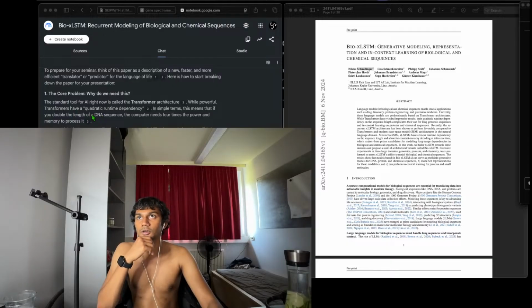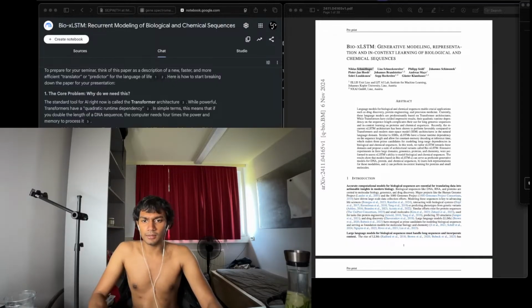It's called transformer architecture. Transformer architecture, like Optimus Prime. You know Optimus Prime.